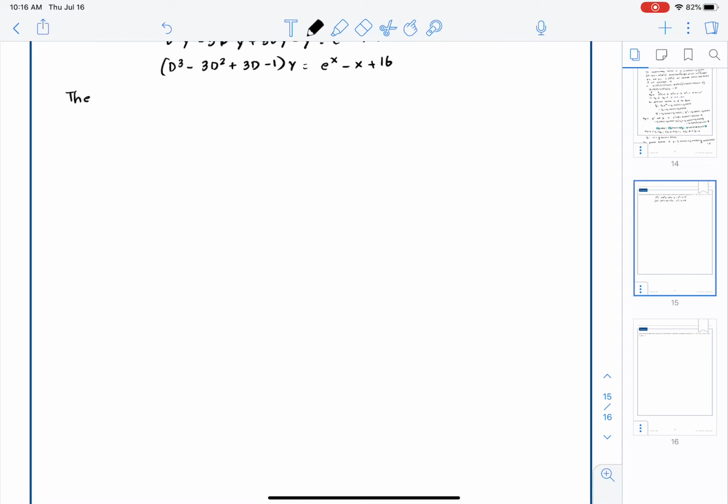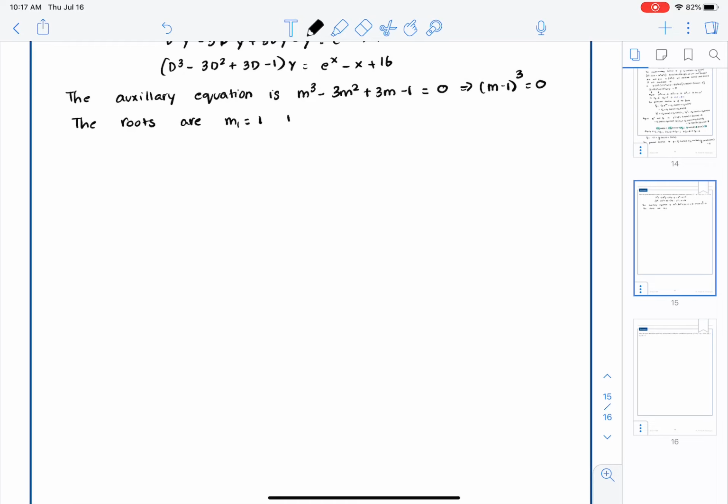The corresponding auxiliary equation is m cubed minus 3m squared plus 3m minus 1 equals 0. That would mean m minus 1 cubed would equal 0. So the roots are m1 equals 1, m2 equals 1, and m3 equals 1.